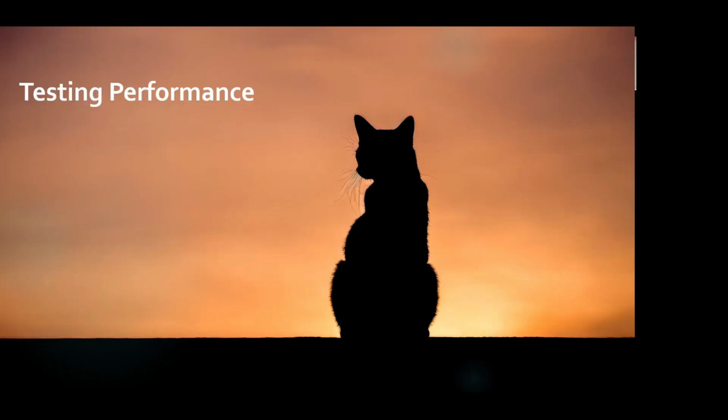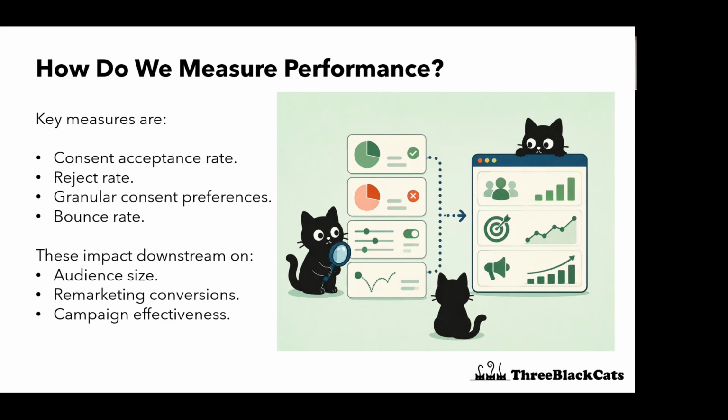So how do we then go about thinking and testing our performance? Like I said, with banners, the first test is, did it pop up when I wanted it? Cool, tick. We're then going to want to test things like what percentage of people actually accepted the banner, who rejected all, who just sat there and did nothing about the banner, and also who selected certain categories only.